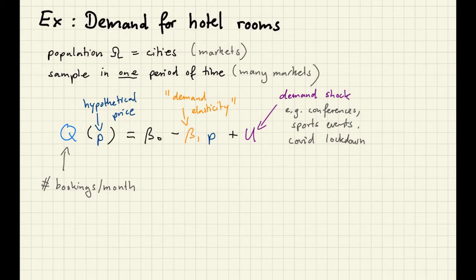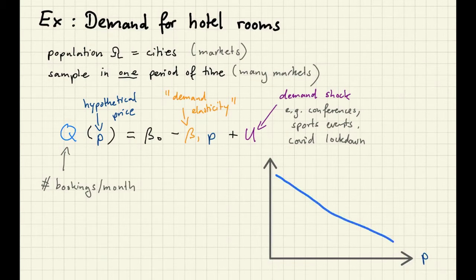For a given city in our population, that is, for a fixed demand shock, we can plot the demand curve as a function of P. Let's plot price P on the horizontal axis. Now, if beta 1 is negative, then we will face a downward sloping demand curve and it will look like this.